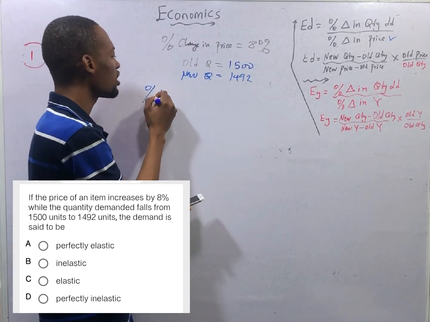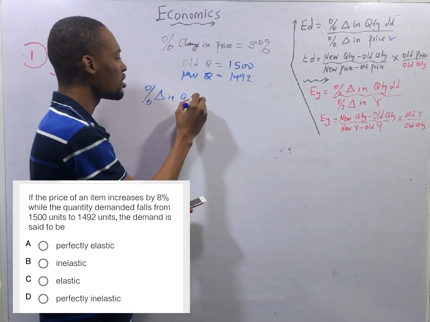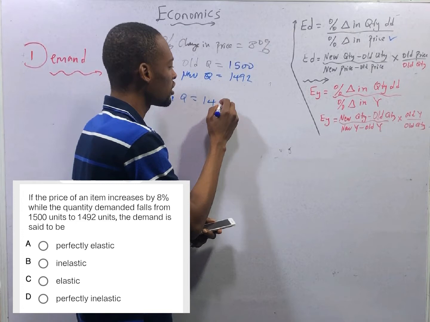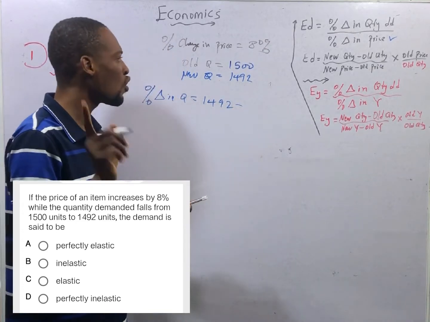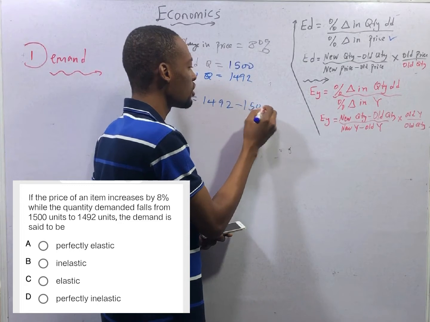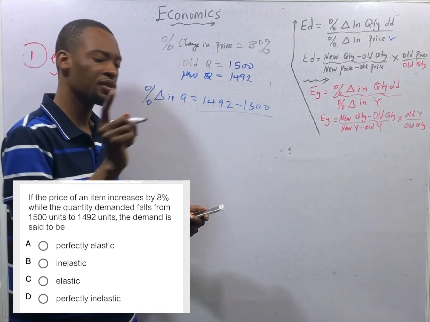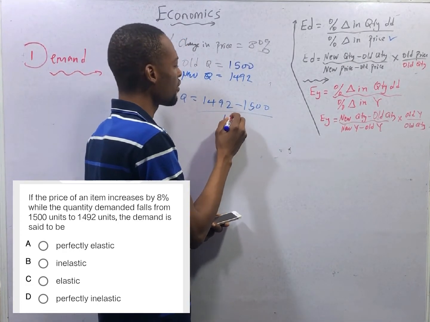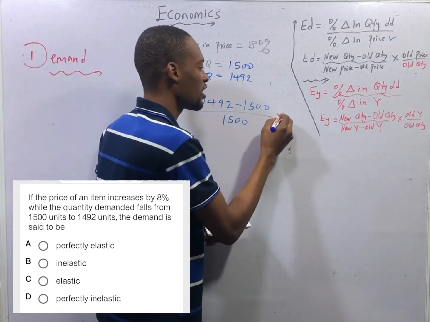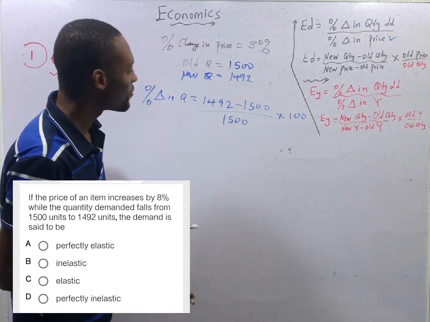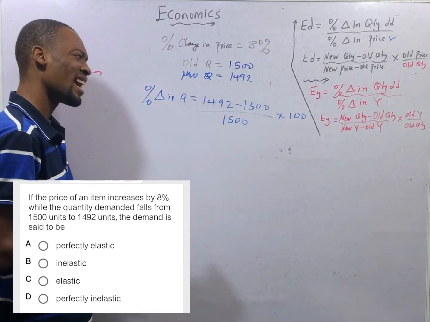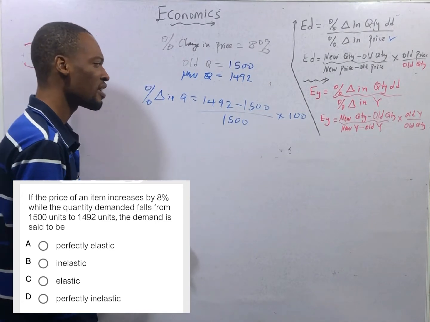Percentage change in quantity is equals new quantity 1492 minus old quantity 1500 over old quantity 1500 times 100 over 1. So 1492 minus 1500, I guess that is 8 if I'm correct.